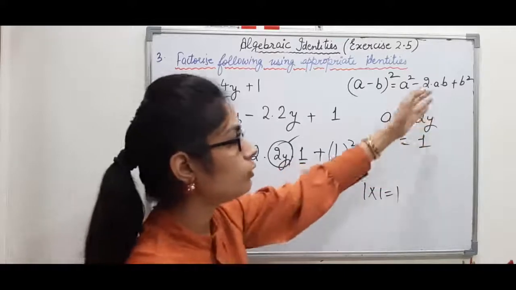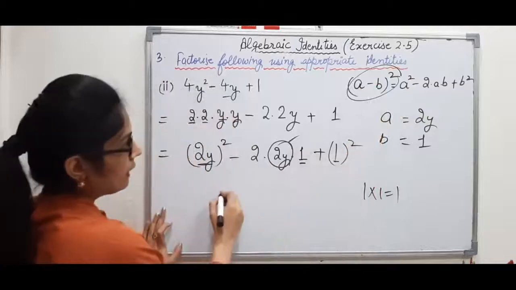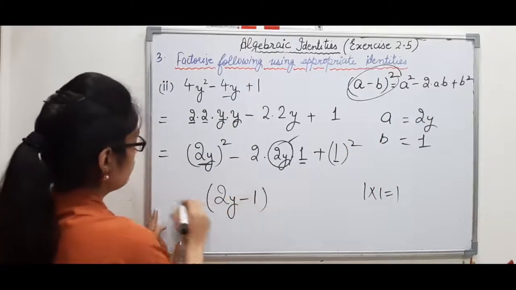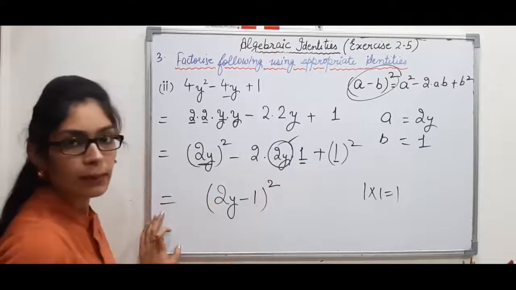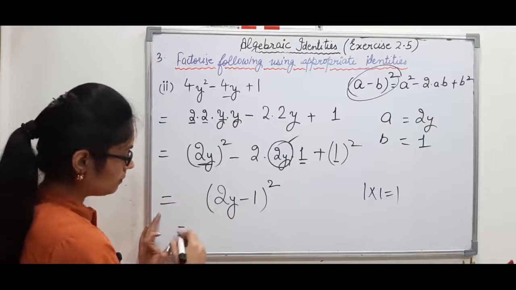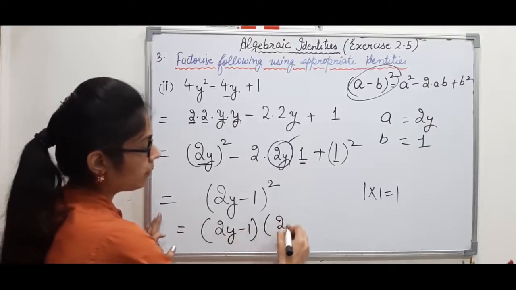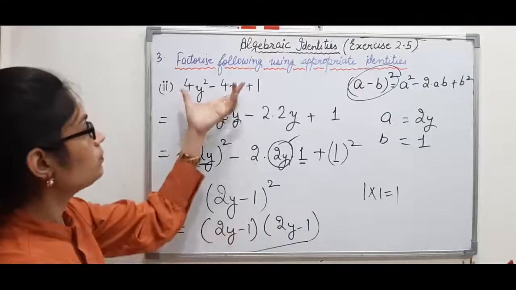So you have got the values of a and b. Now we can use this expression. A is 2y, b is 1. So 2y minus 1 whole square. Whole square means this expression is 2 times, so we can write it as 2y minus 1, 2y minus 1. So this is the expression for this.